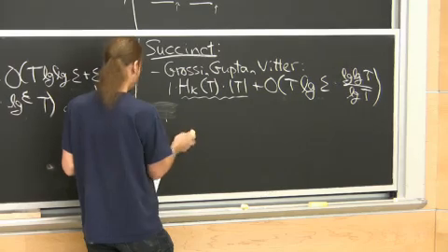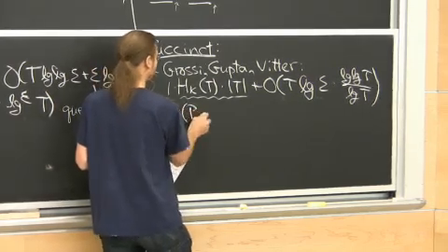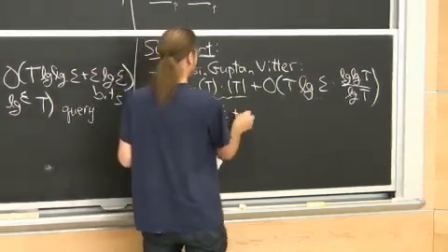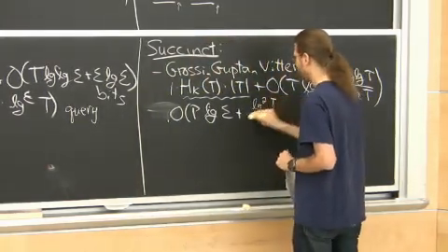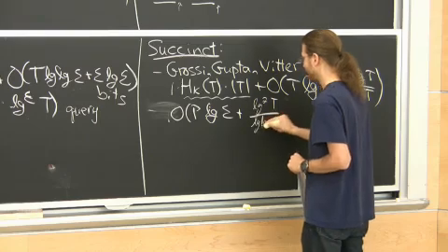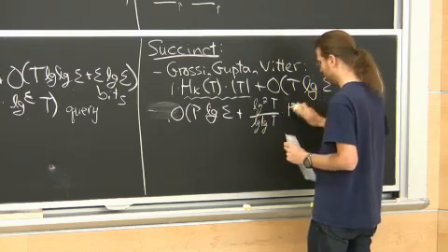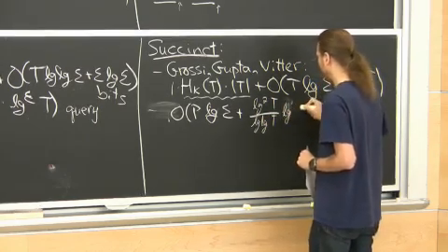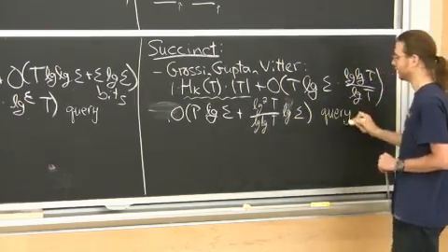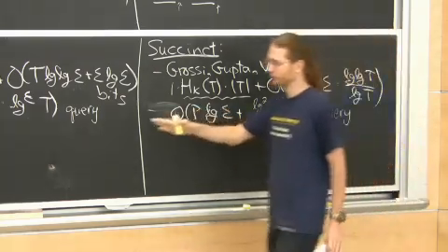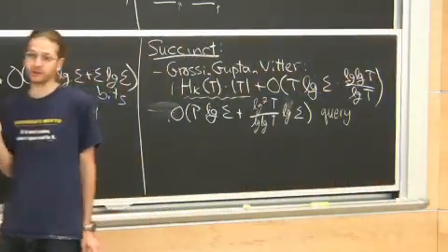Query time. Query's a little bit worse, though. We have a log term with the P, only a log sigma, but then we also have this log squared over log times log sigma. And here there isn't a clear dependence on the size of the output. So let's say the size of the output is 1.